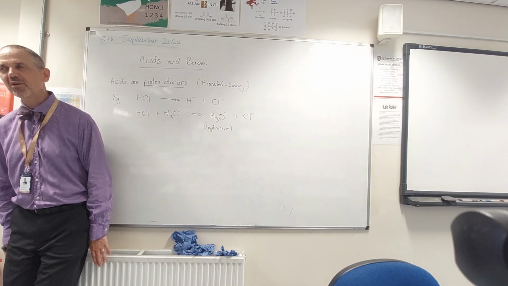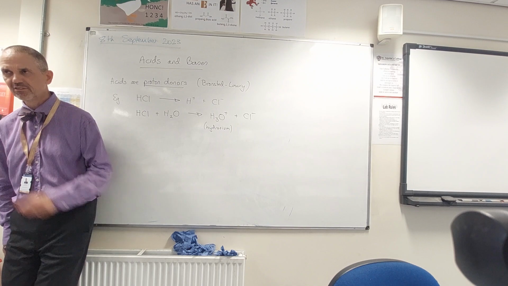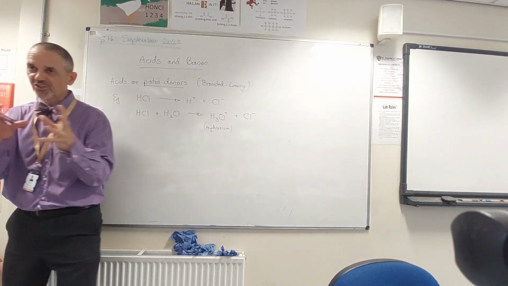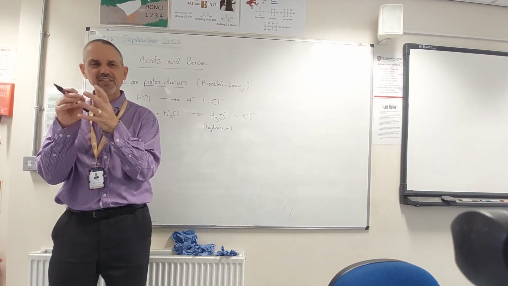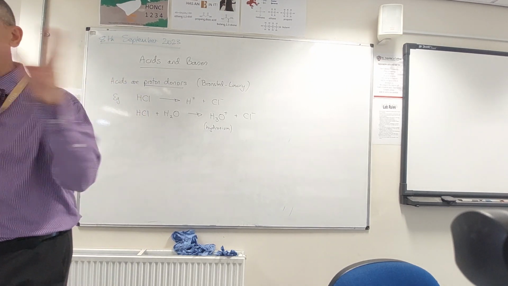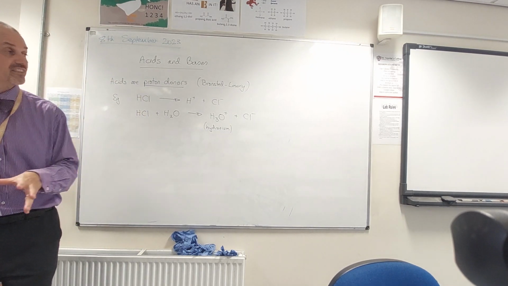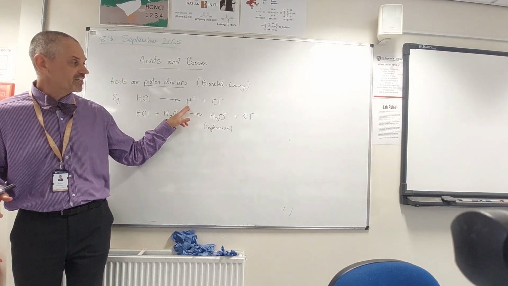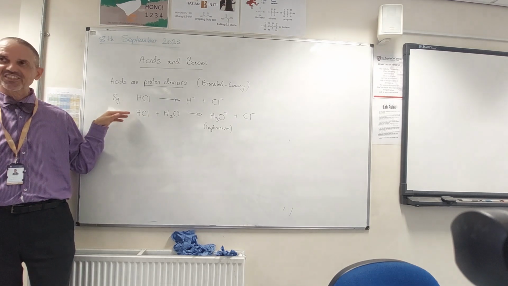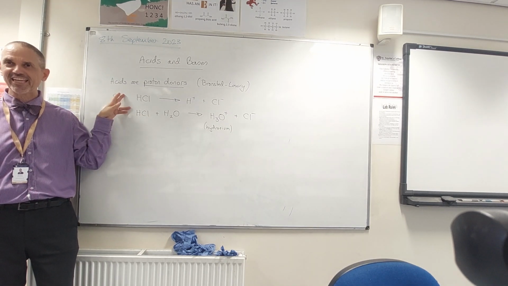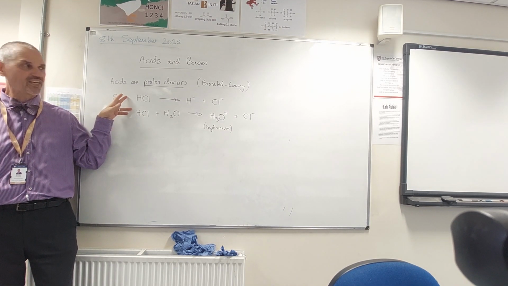The thing is that H plus ion wouldn't hang around on its own. H plus, proton, it's a very small, very highly charged particle. It would interact very strongly with all the water molecules and everything else that's in there. So it wouldn't hang around on its own. But again, as far as chemists are concerned, these two equations are the same. They're interchangeable.